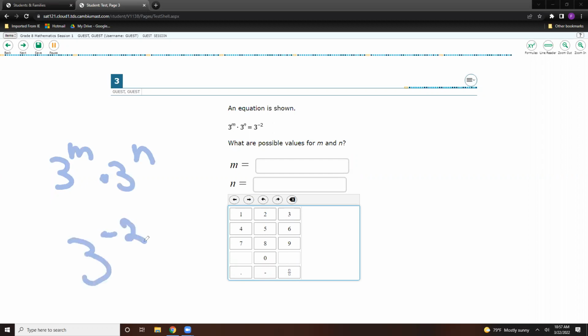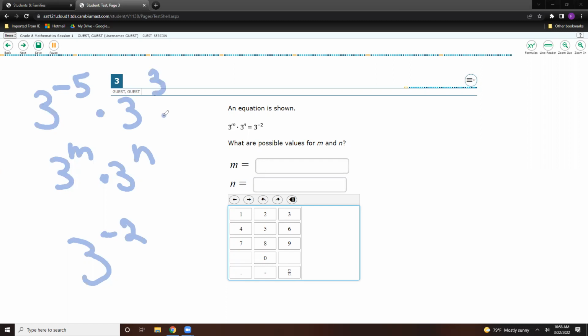Well, any 2 numbers in which at the end, I owe you 2, such as 3 to the negative 5 times 3 to the positive 3.